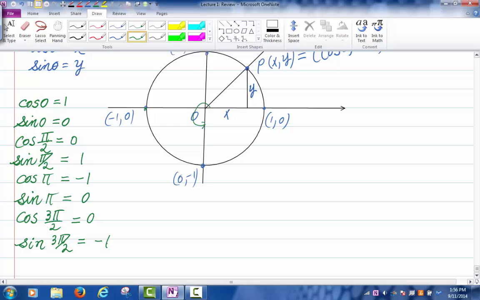Is everybody okay with that? So these are some of the values of these trig functions that we immediately get from the unit circle. Is everybody okay with what I just said? Okay.